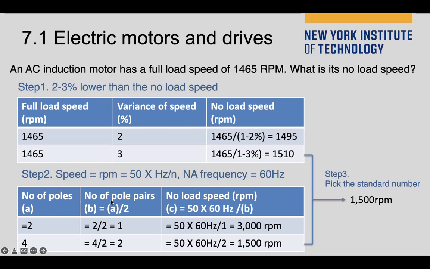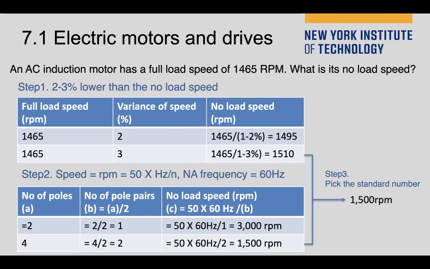So the number of poles. Also in the question, no information is given about the number of poles. By the way, I want to insist on one thing about the n here. n here stands for the number of pole pairs. That means if you have a 2 pole motor, the number of pole pairs is 1.